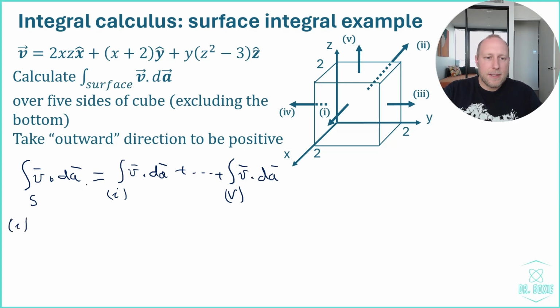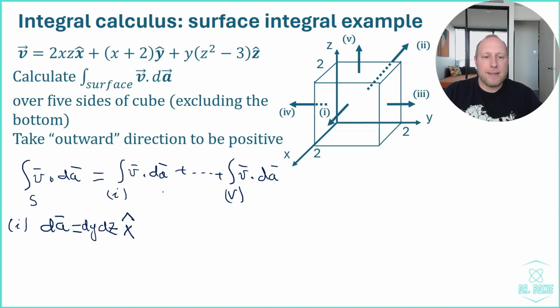For the first face, which is the front one, the one facing us, dA points, we said the dA points perpendicular to the surface, and because it is outward, it is in the positive x direction, which means that it's a vector that points along x hat, and its magnitude is the size of a tiny portion of the yz plane, or a plane parallel to the yz, and so it is of the form dy dz.